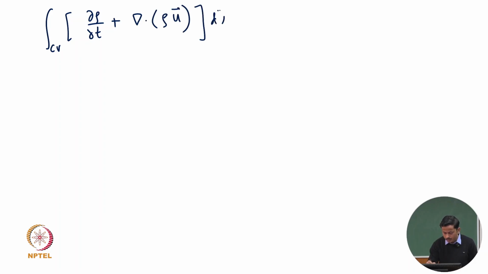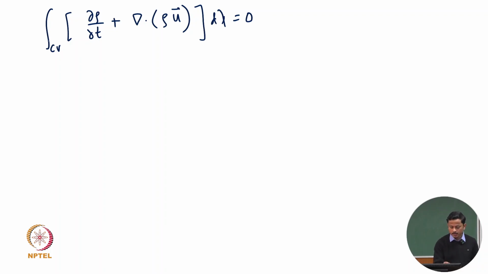So this is the integral over the whole control volume of del rho del t plus the divergence of this quantity rho u.